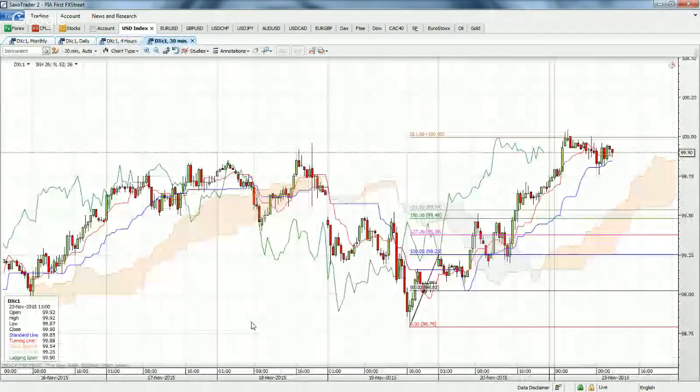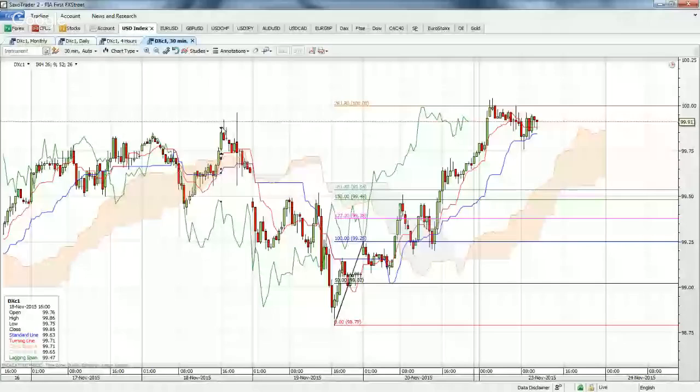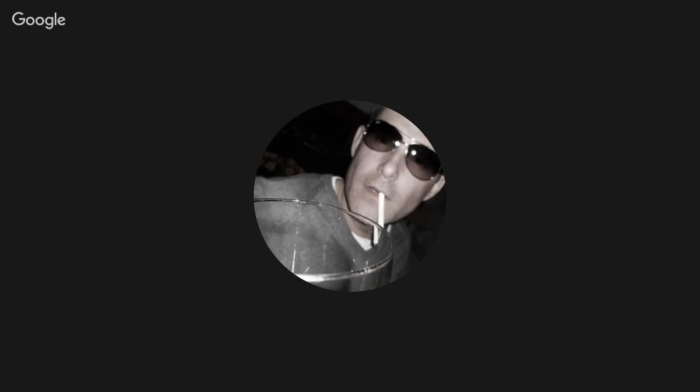We've got this 261.8% extension level, which just happened to be at 100, the big figure, and we've pulled back. So what we're looking for this week is a bit more consolidation and a bit more of a move back before we look to trigger dollar longs again.